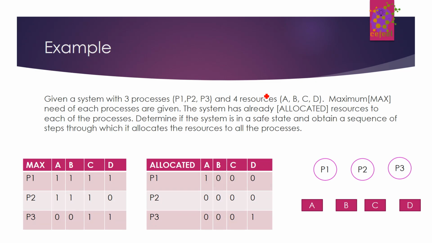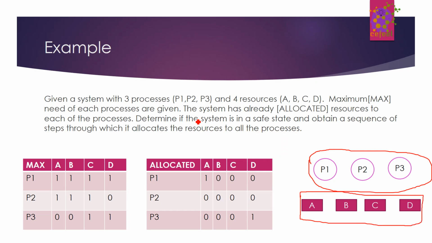In this question we are given a system where there are 3 processes, P1, P2 and P3, and there are 4 resources, A, B, C and D. And remember, since we are in the resource allocation graph, there will be only a single instance of each of the resources, because we cannot apply the algorithm to multi-instance resources.